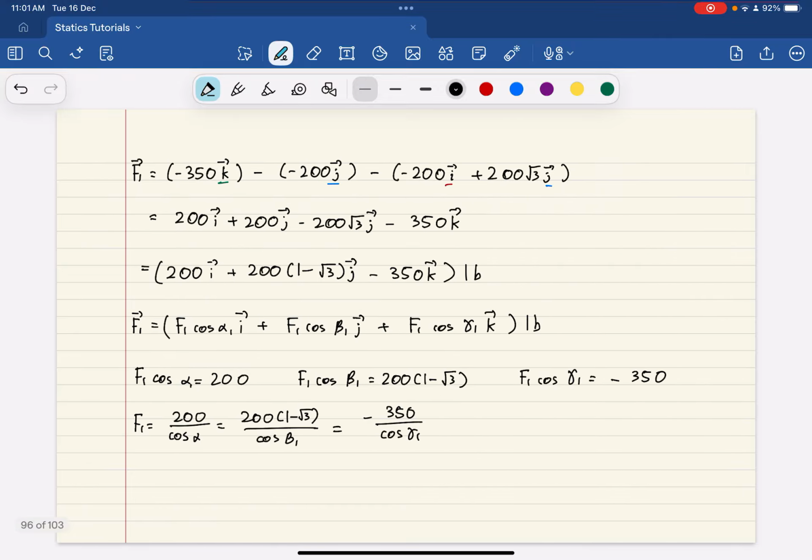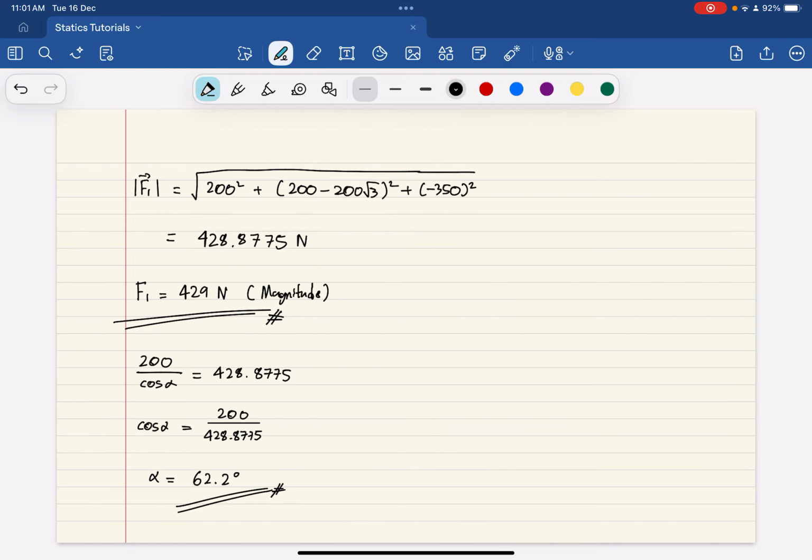And then for beta, it is just simply 200 minus 200 root 3 over cosine beta, because this is beta 1, alpha 1. So 200 minus 200 root 3 over cosine beta 1 is equal to 428.8775.